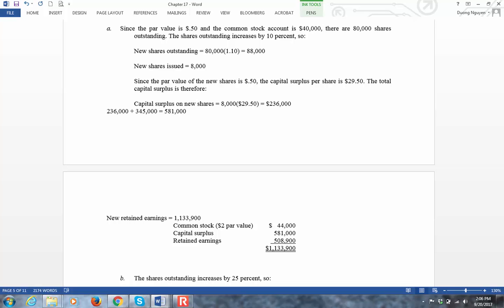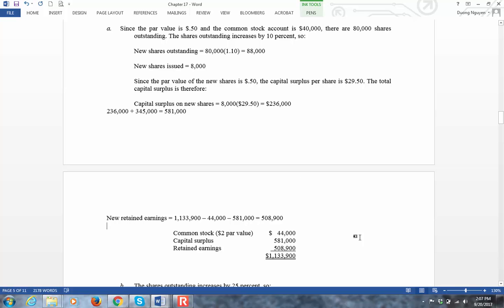Alright, this is the total equity minus the par value of common stock 44,000 minus the new capital surplus account, which is 581,000, and it is equal to 508,900.